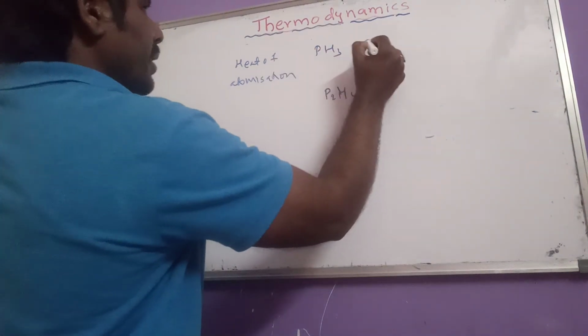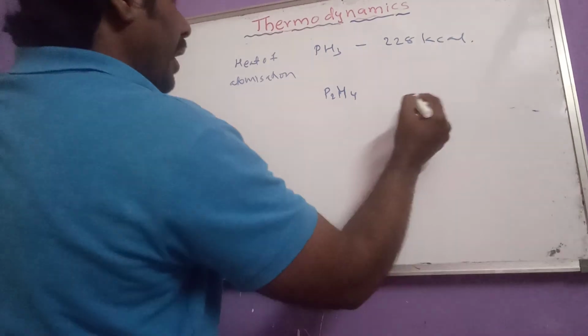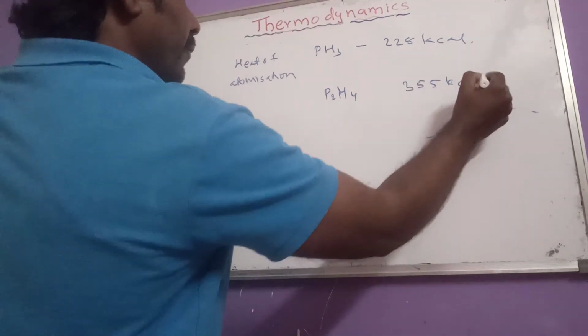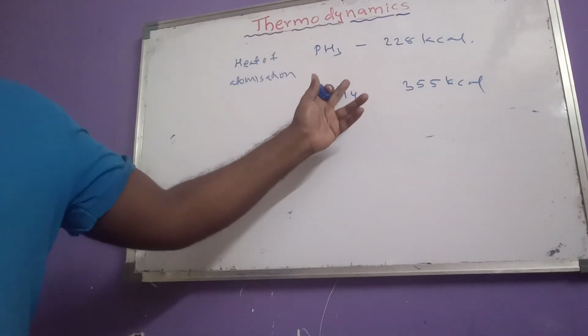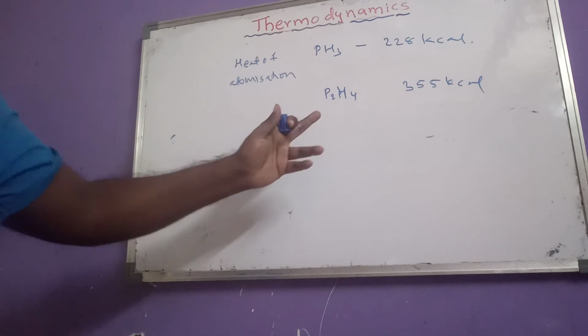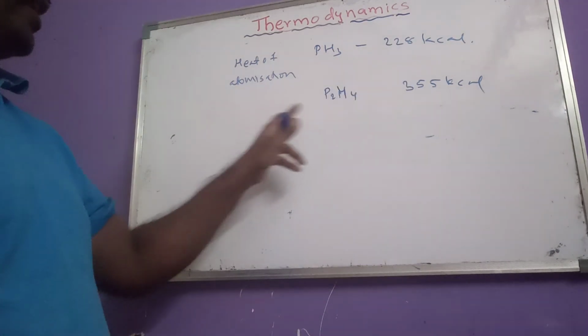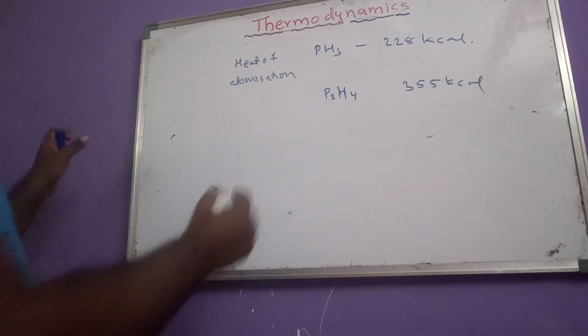Heat of atomization of PH3 is 228 kilocalories and of P2H4 is 355 kilocalories.